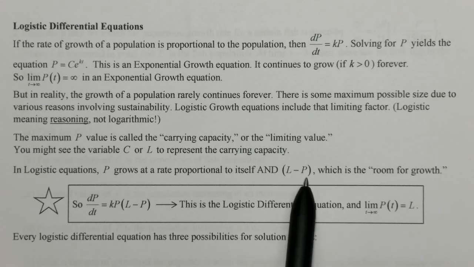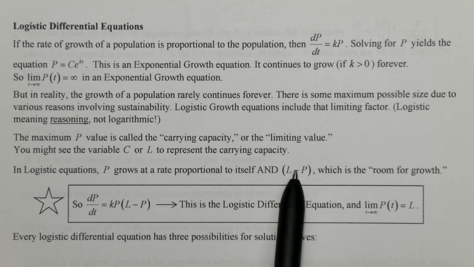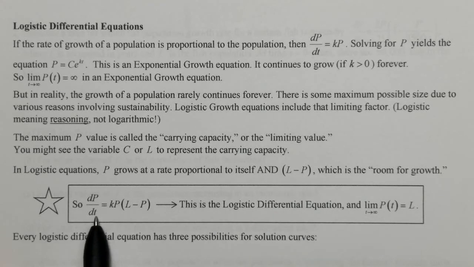So that is the room for growth. Every logistic differential equation is going to be able to be written in that form. The limit as time goes to infinity of the population is L.